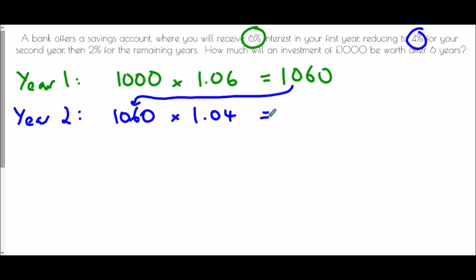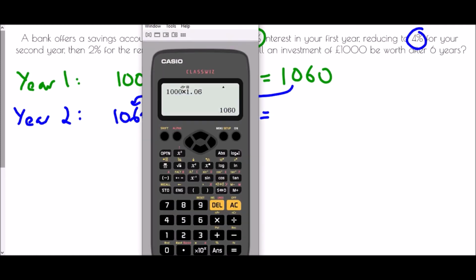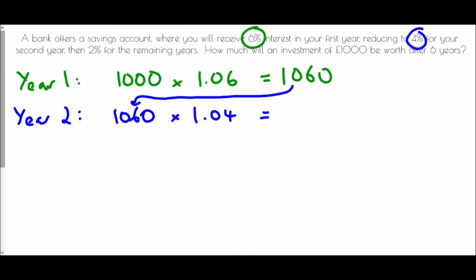And so at the end of year 2, we have 1,060 times 1.04. And we get 1,102.4. Now remember, this is money, so actually £1,102.40.